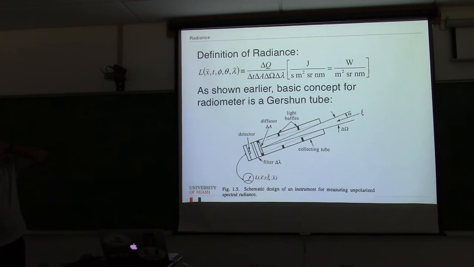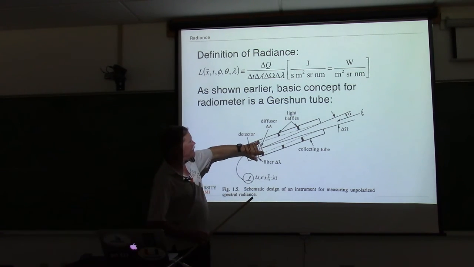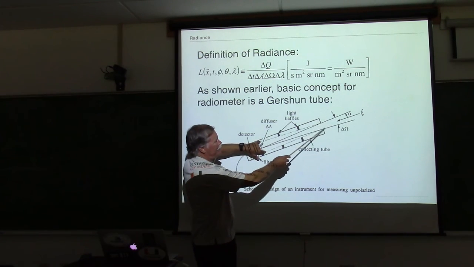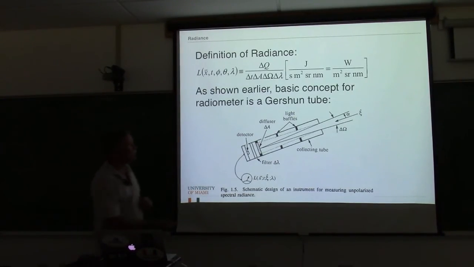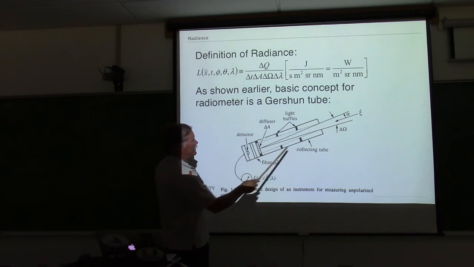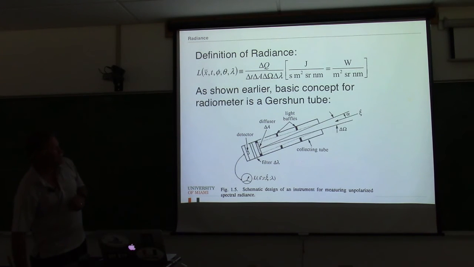Radiance now. The simplest thing for radiance is taking your radiance detector and limiting the field of view to within some solid angle. So it's the amount of irradiance this would measure divided by the solid angle of your acceptance. The simplest one is this Gershun tube. We've seen this already once.